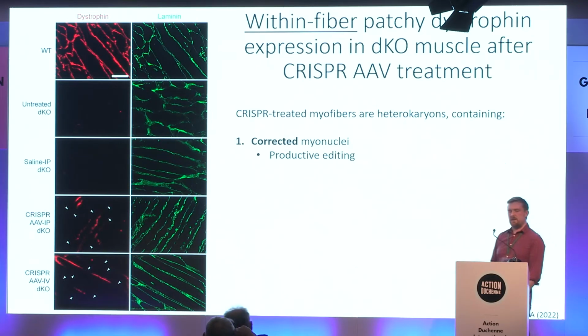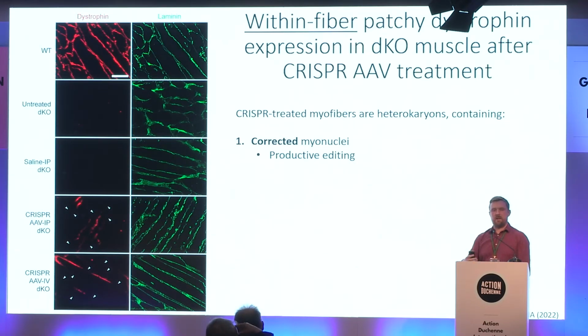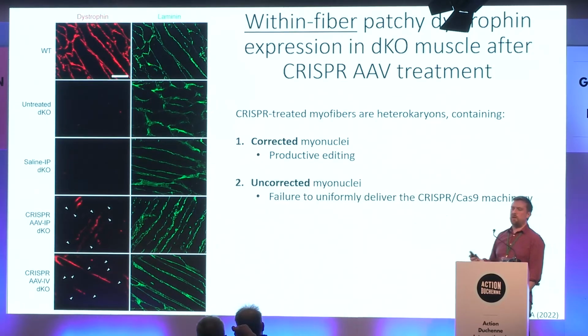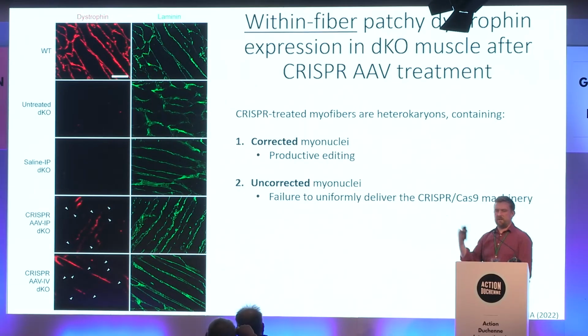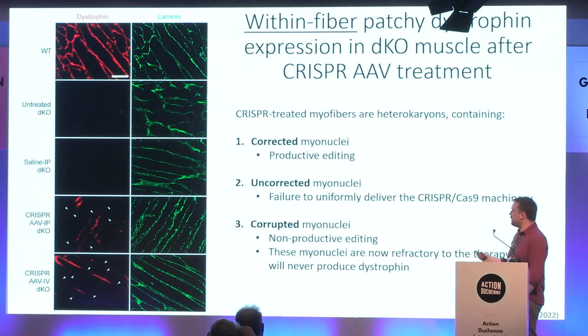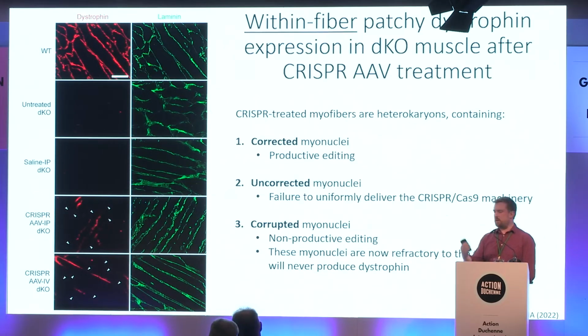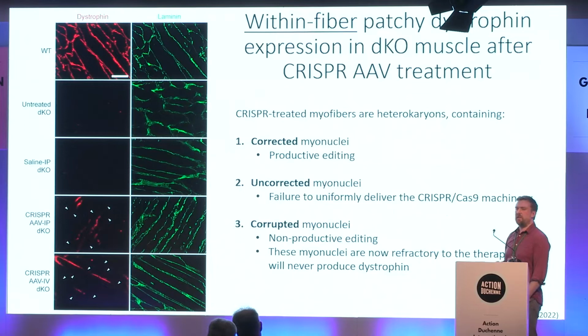We have corrected myonuclei, where the CRISPR machinery made cuts to the DNA, and this was repaired in a productive way, meaning that those myonuclei can now make dystrophin. We have uncorrected myonuclei, where the therapeutic machinery just never got to those nuclei, and the DNA is unchanged. But we also have corrupted myonuclei, and these are nuclei where the CRISPR machinery made cuts and the DNA was repaired, but the resulting repair did not result in the production of a productive dystrophin gene.